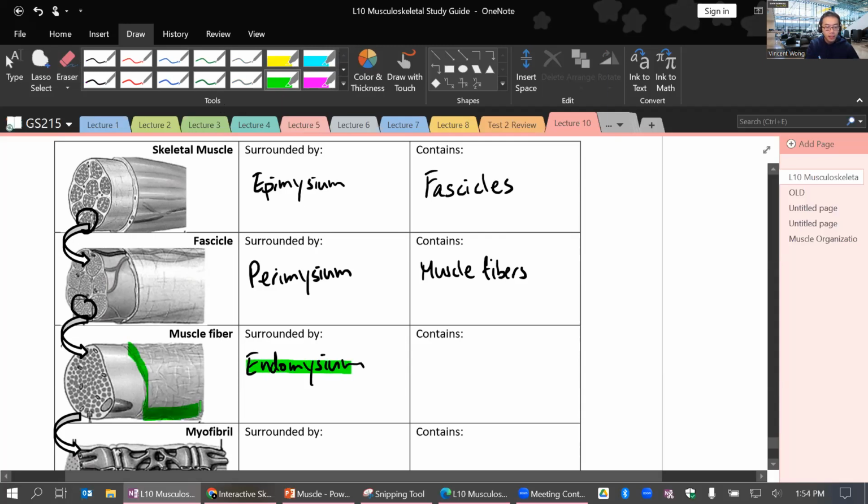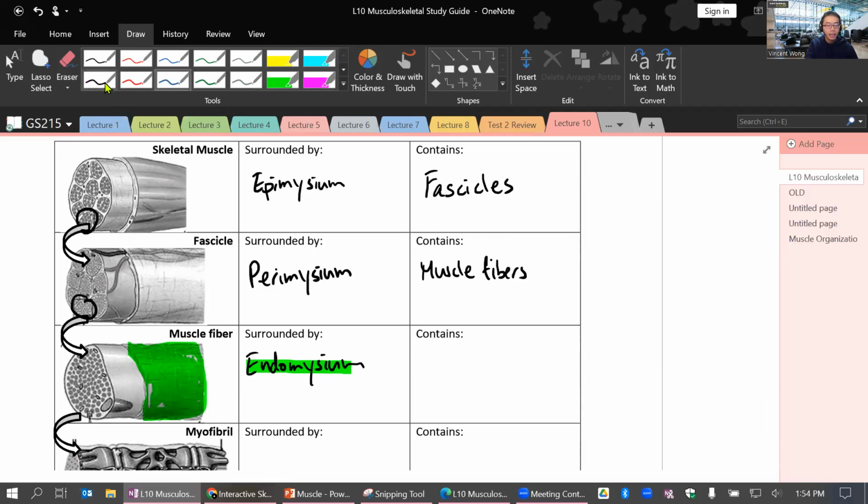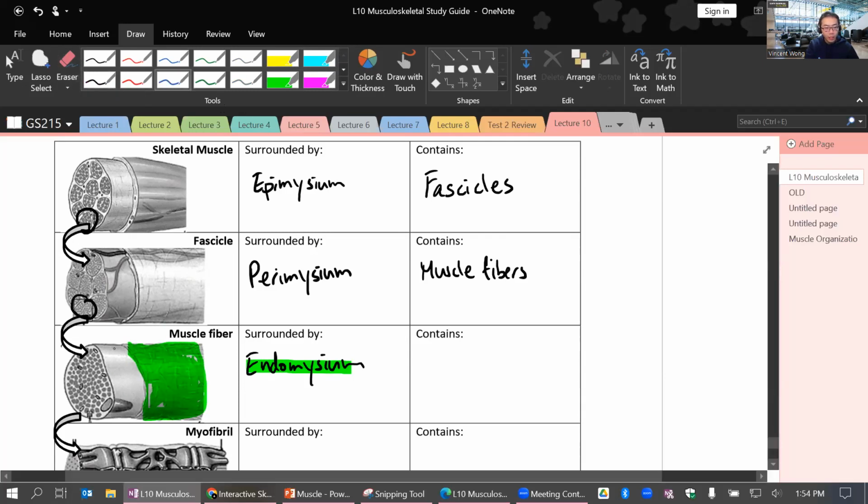They roll it back a little bit so that you can see the sarcolemma, which is just the cell membrane. What does the muscle fiber contain again? What are all these little dots?